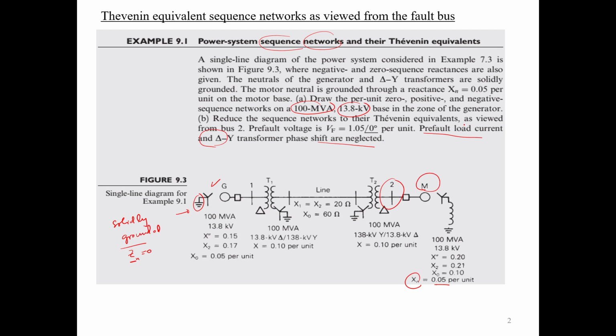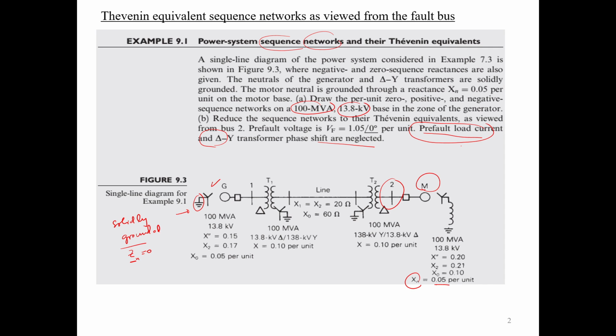You have seen from other examples already that the pre-fault load current is normally negligible because it's just too small, smaller than the fault current.